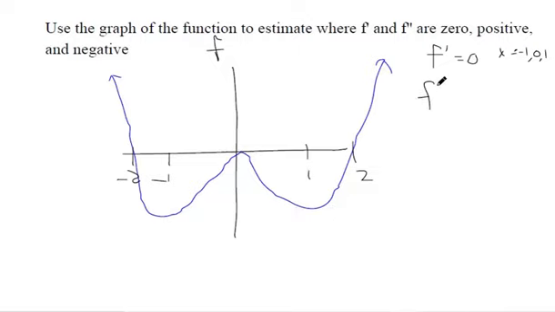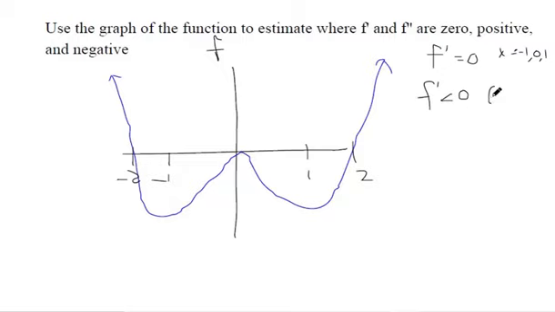And they want us to tell them where the first derivative is positive and negative. I'm going to start with negative. That means the tangent slopes are decreasing. If I draw a tangent slope right here, maybe it's like negative 4 or negative 3 because it's going down when we read it left to right. So it's negative until we hit that horizontal tangent.